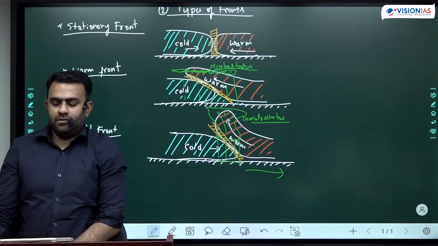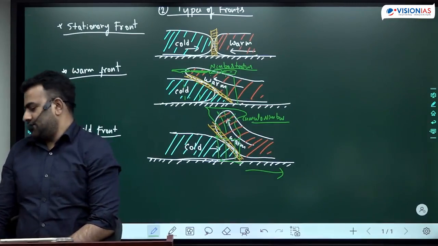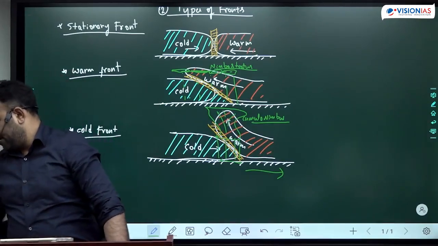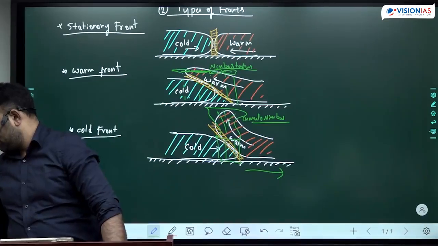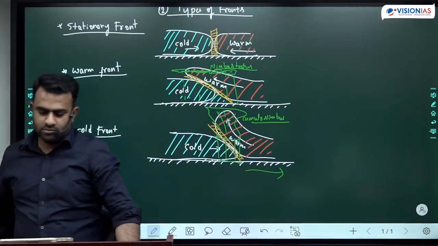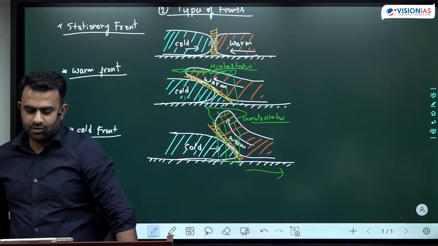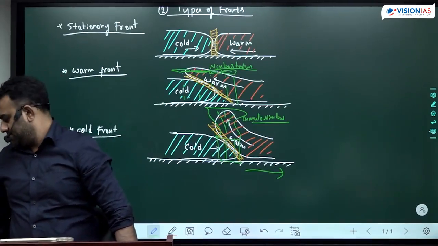Next point. It causes very heavy rainfall, but over a smaller region.